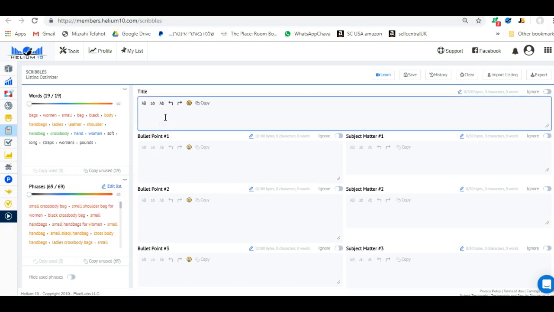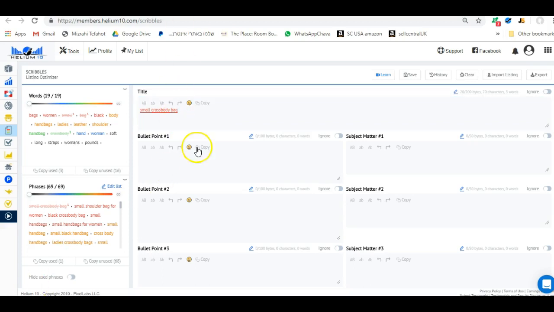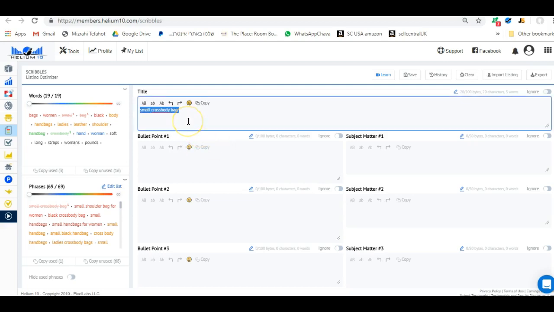As we type in here, "small cross body bag," it crosses it off the list. It makes it incredibly easy to keep track of which keywords you've used and which ones you want to use. That's basically the simple, very quick process of doing keyword research to create a listing.